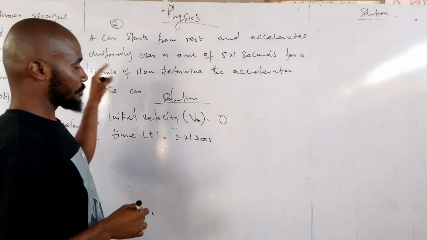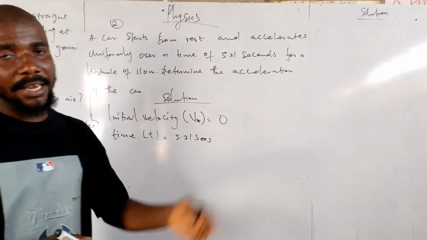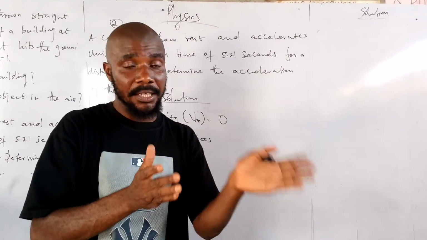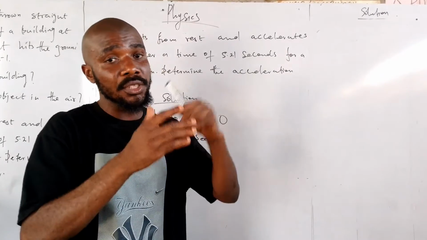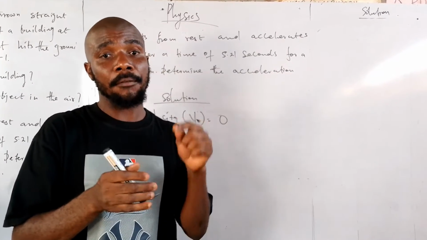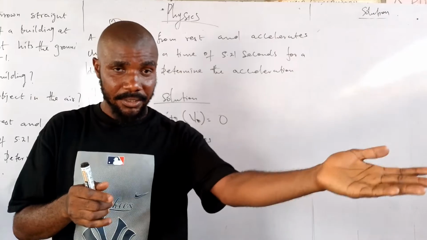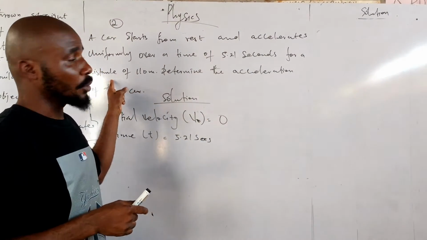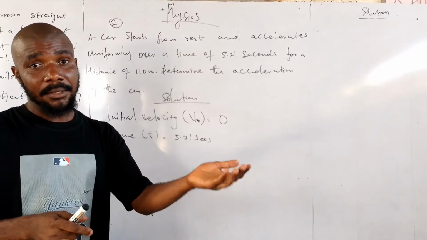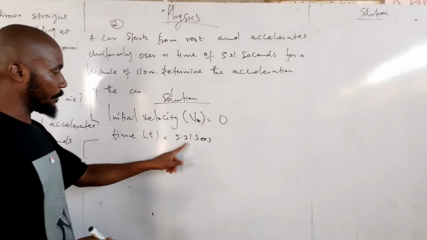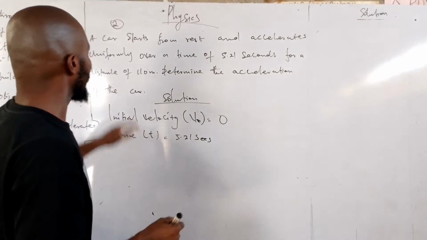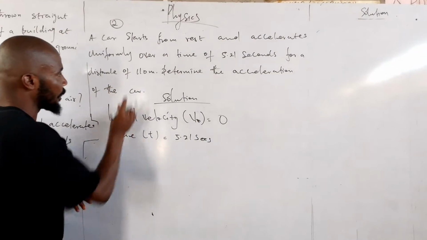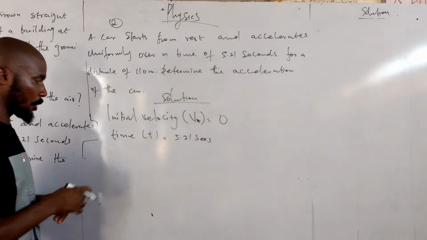For a distance, now the displacement covered here. Remember, distance and displacement mean different things. But in this context, we use them interchangeably because we know the direction of the distance. That is the assumption here. That's why they put distance in this question. The distance is given as 110 meters.